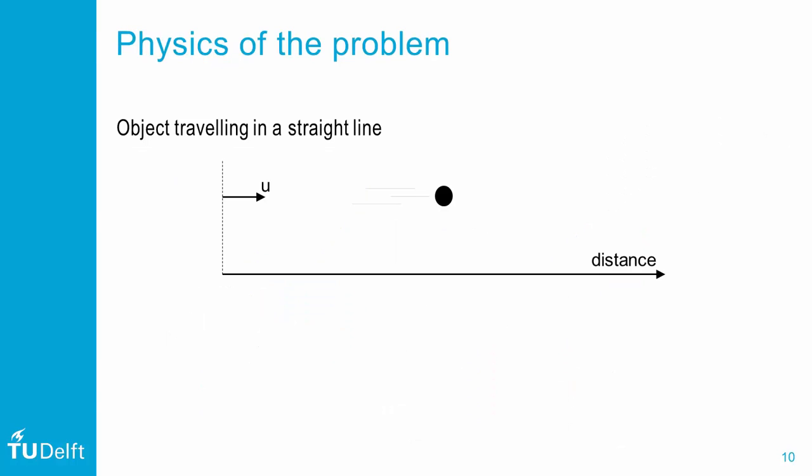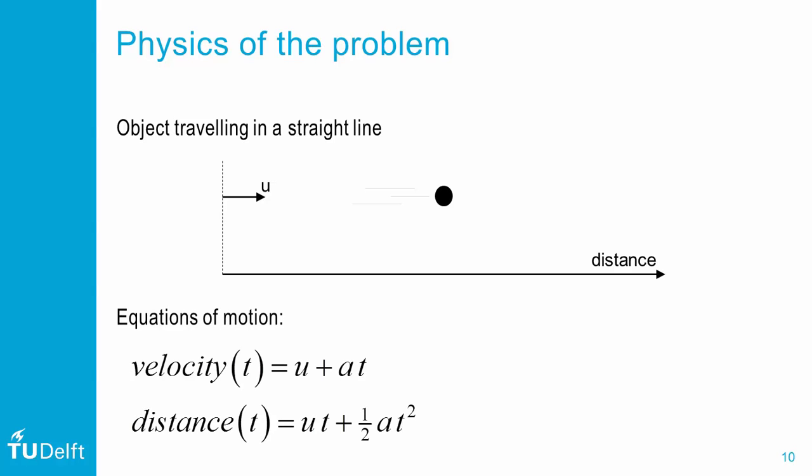Well, let us get back to the physics of this problem. The problem of an object traveling in a straight line is generally described by the following equations of motion. So let us focus on the equation for the distance and compare that to the equation we just obtained. We are missing a parameter here, the acceleration a.